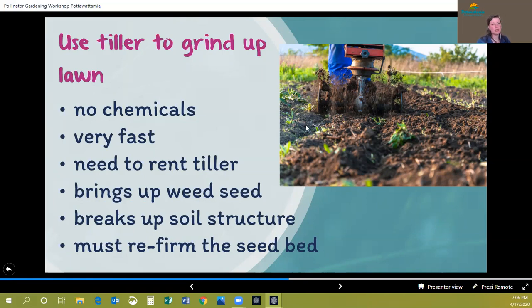So when you till, you're basically taking all that structure and grinding it up, and then it's all fluffed up, and then you have to smush it back down, and you're losing all those pores and holes in the soil that help with the percolation of water. So, I mean, you'll get it back after you plant your garden, but it just kind of messes things up for a little while. I'm not a huge fan of tilling, but it's an option.